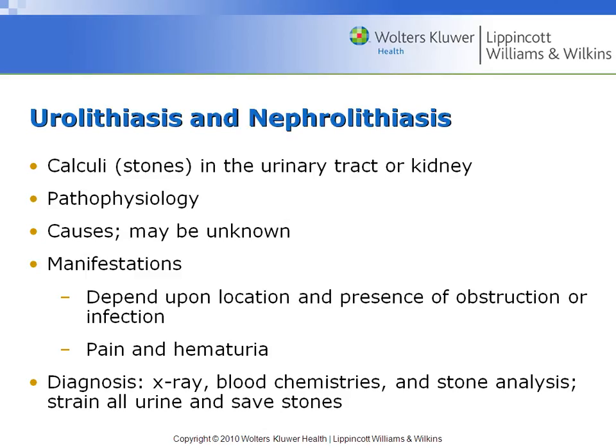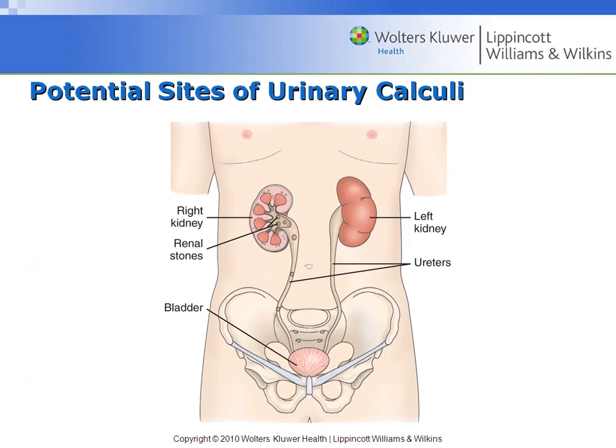Okay. Diagnosis is usually X-rays, blood chemistry, stone analysis, strain all urine, and save all stones. Okay. This diagram is just showing potential size of stones, the kidney itself, the ureter.